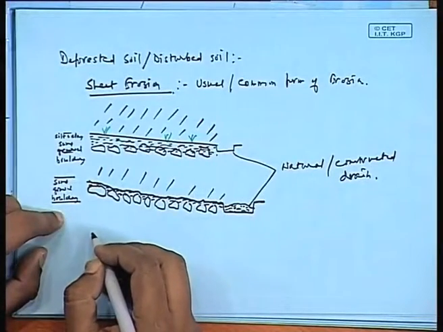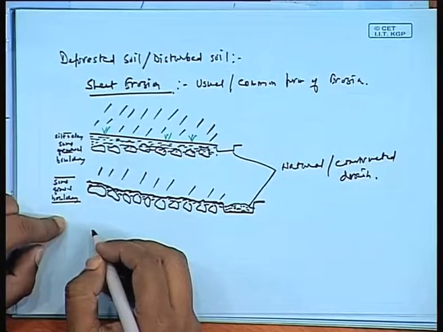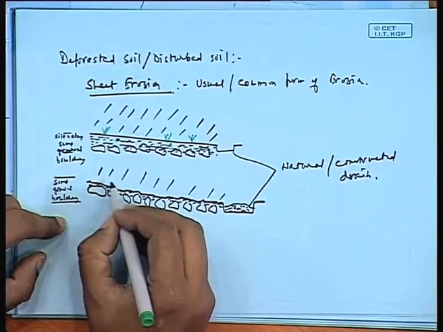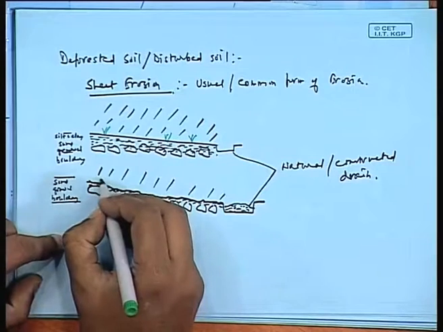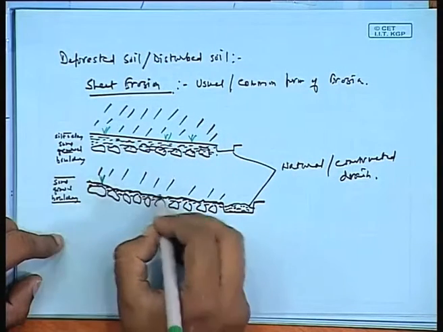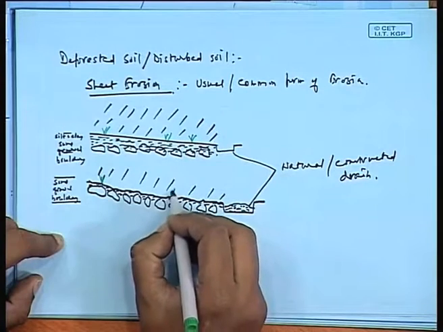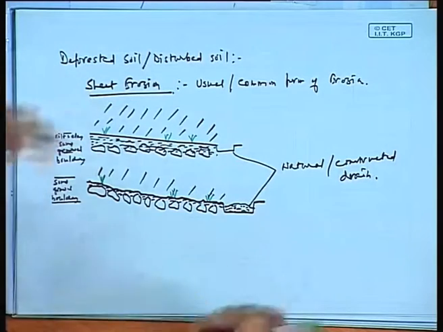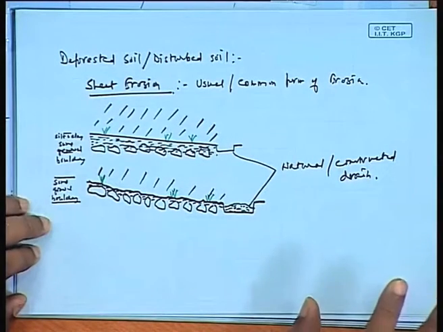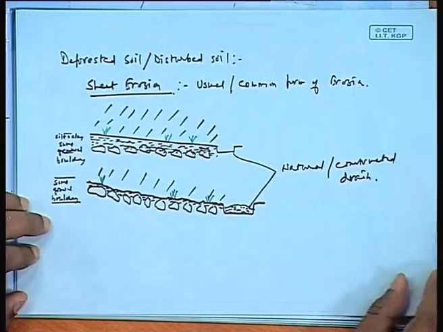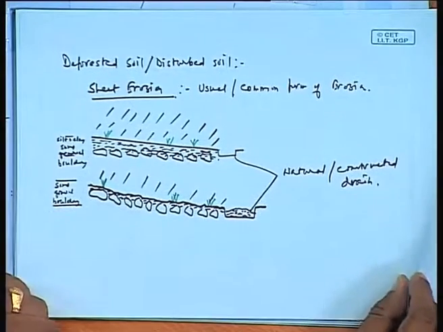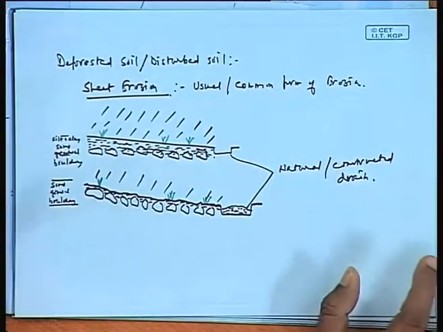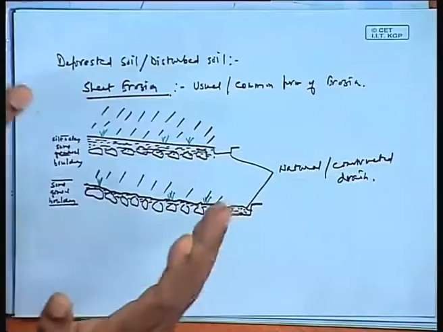This is sheet erosion, which is pretty common in any kind of soil when the soil is without any support. This is the first form of erosion, which is quite common. In most kinds of soil, even as a natural process, the soil would undergo some erosion.